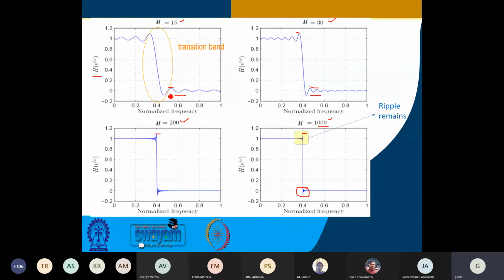So instead of this ripple, if it was flat, something like this, then depending on where it is becoming flat and how far, you would have a different transition band and different stop band attenuation. Now, because of the presence of the ripple, the maximum height of the ripple is defining your stop band attenuation.